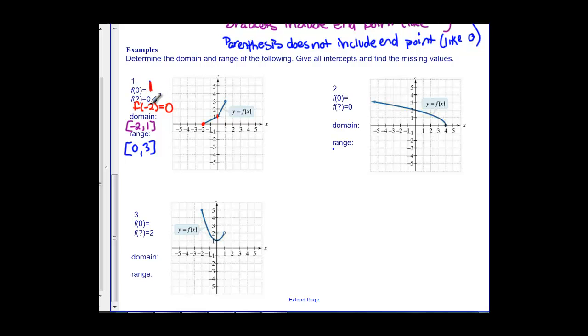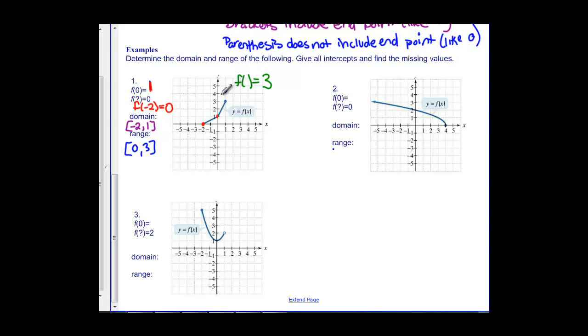Okay, so the f of something is going to be 0. Whenever you have f of whatever, so if we do f of what will give us 3. That'll be a nice one. So f of what gives us 3.